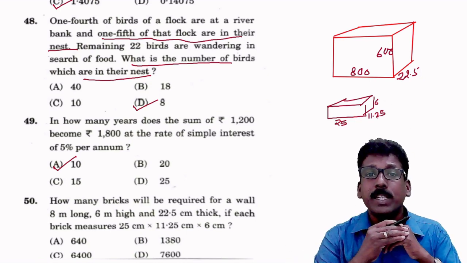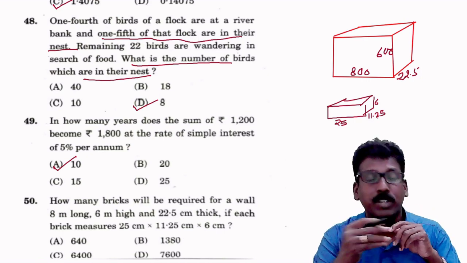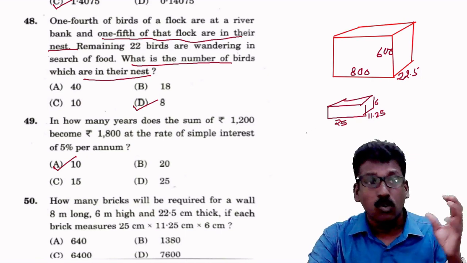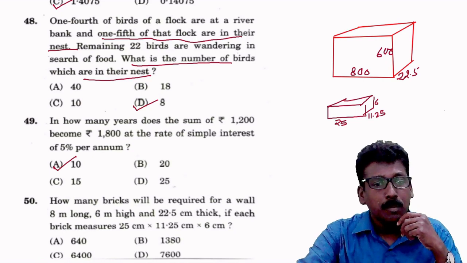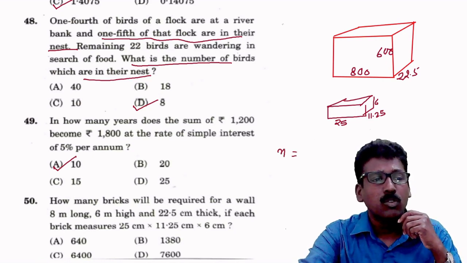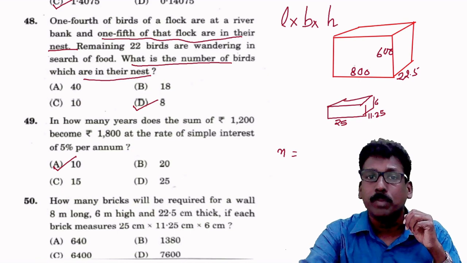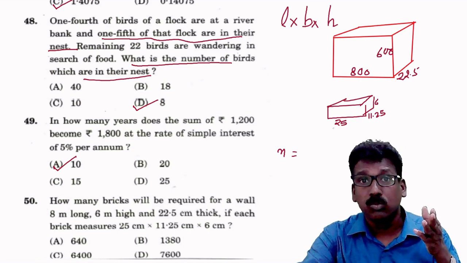So how many bricks are needed to make this wall, you have to find out. To find it out, you have to find the volume of the wall and the volume of a brick. You divide it. That is the number of bricks. How will you find the volume of the wall? Yes, you can find it by using the formula L into B into H. That is the volume of the cuboid. So the wall is in the form of a cuboid.